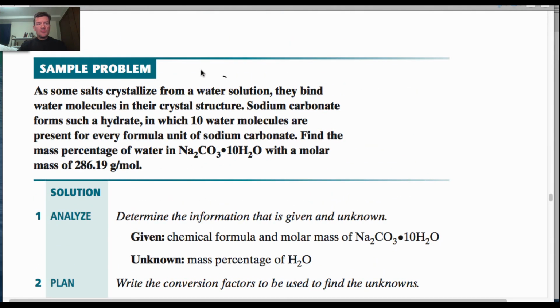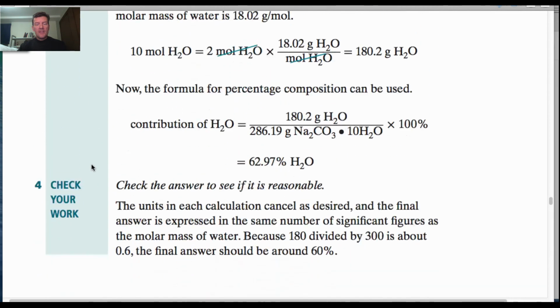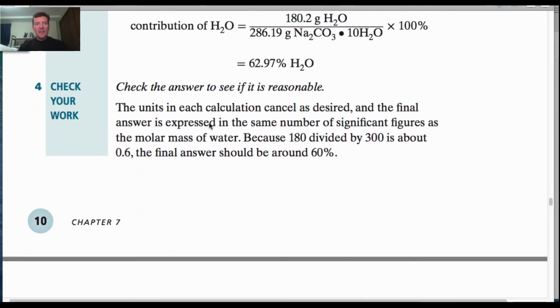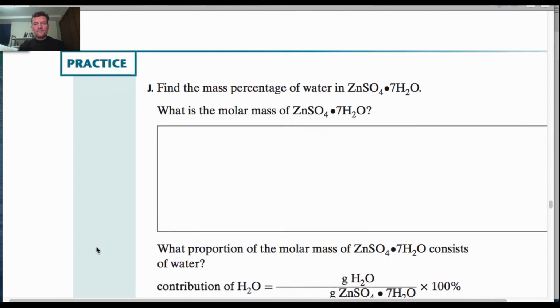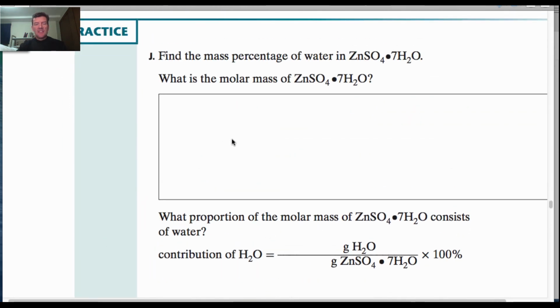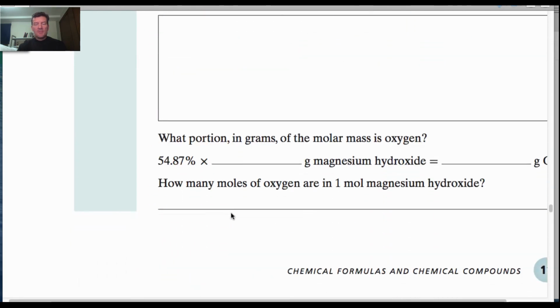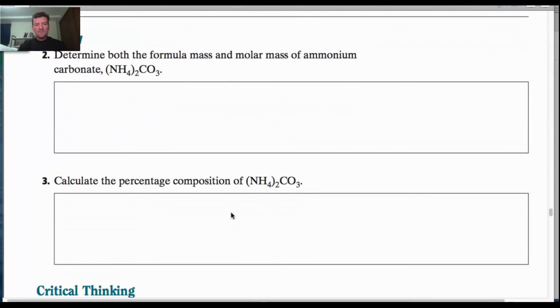I would encourage you to walk through this sample problem right here, read it carefully. You can open up the PDF file and see if you can find that answer and see if it makes sense for you. Likewise, here are some examples for you, and they show you the steps so you can practice those, but there are going to be some practice problems in the review questions as well.